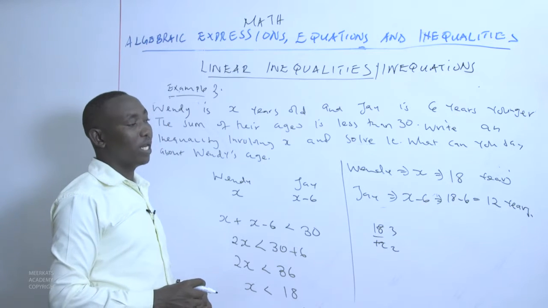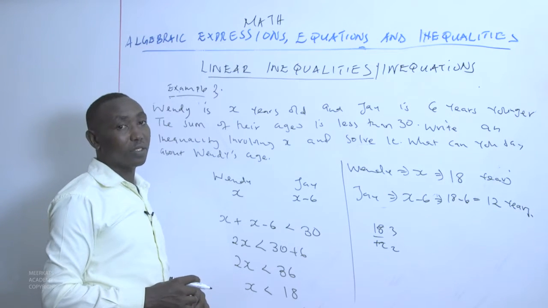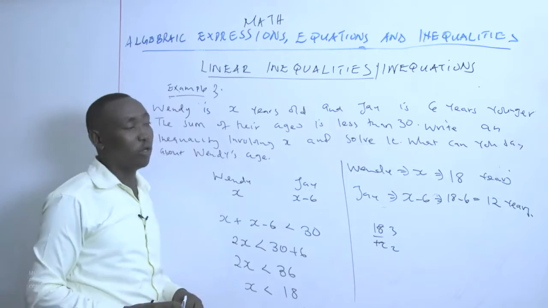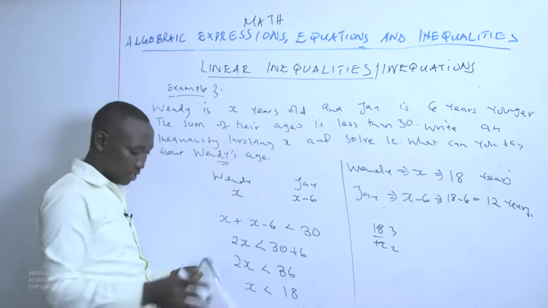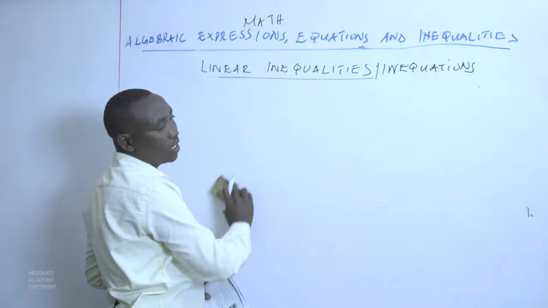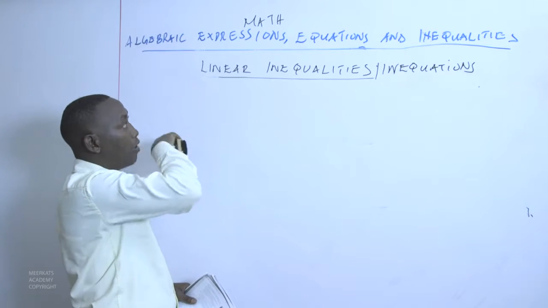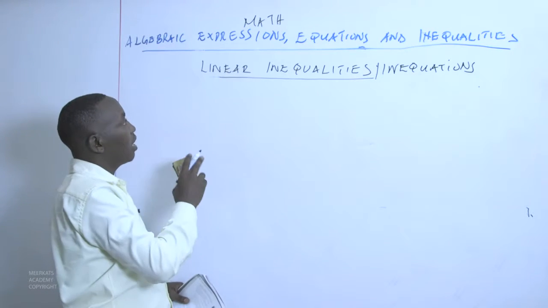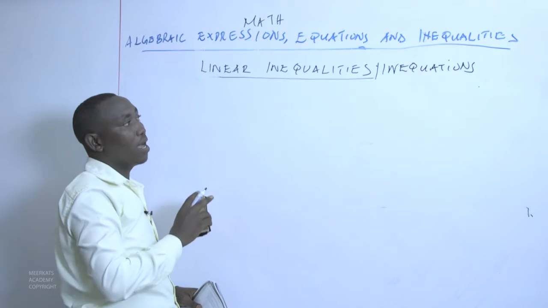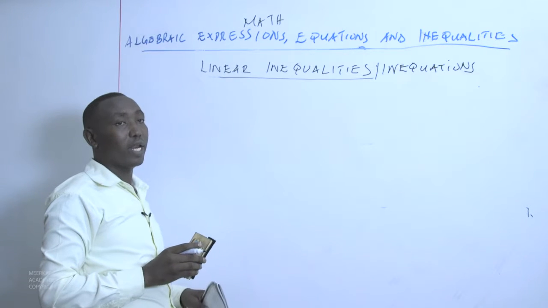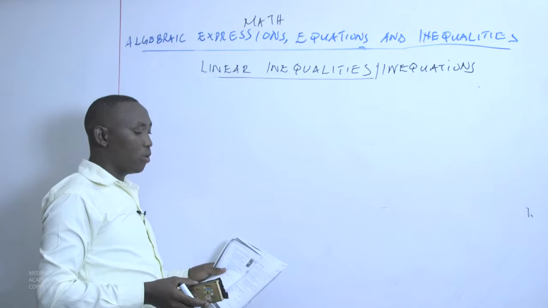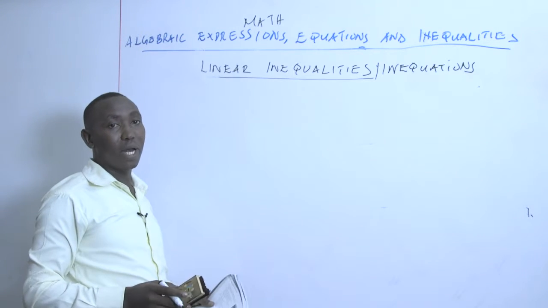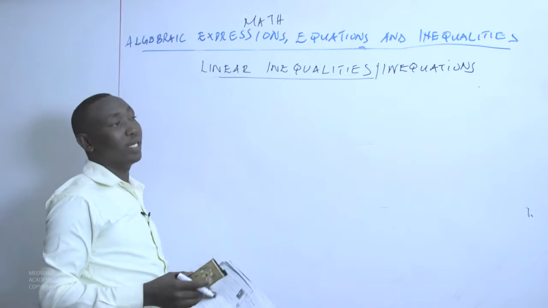Therefore, we can say that Wendy's age is 3 halves that of J as a conclusion statement on this. So that discussion brings us to the end of what we have been looking at on linear inequalities or inequations. We want now to look at how we can use formulas in different situations.